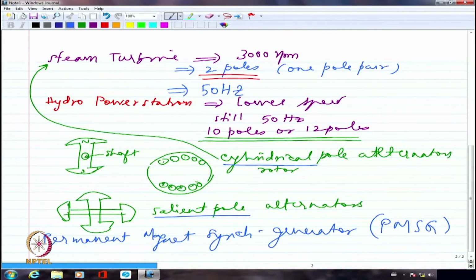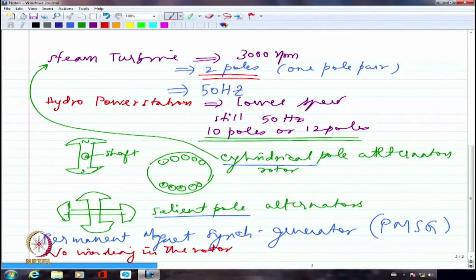So permanent magnet synchronous generators have one of the major advantages: no winding in the rotor. So there is no problem even if it is running at a very high speed. It is not going to throw away any winding due to centrifugal force or whatever. So it's not going to be a problem.